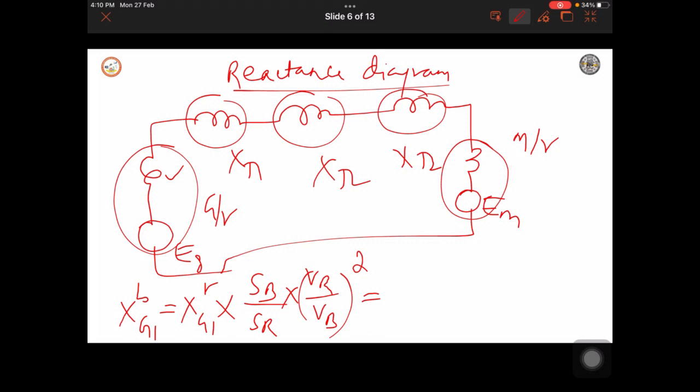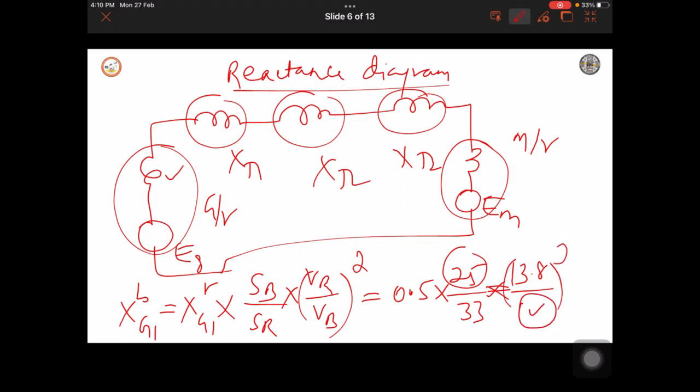So, this is the rating given value for generator is 0.5, SB remains same, SB is generator load value, that is 25, and generator rating is 33, this is SB 25 chosen. VR, so generator voltage is 13.8 divided by VB, base voltage on the motor side we calculated. So, that value you have to consider whole square. This is nothing but the reactance.